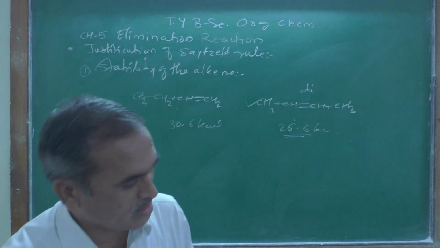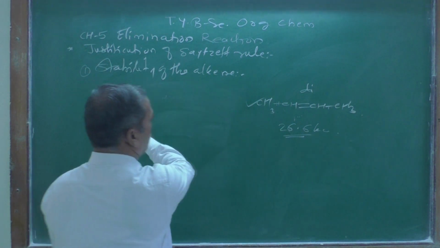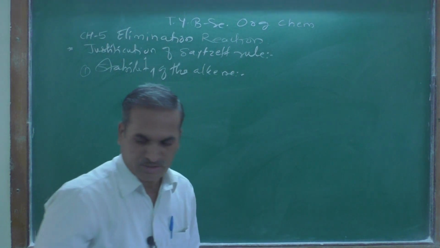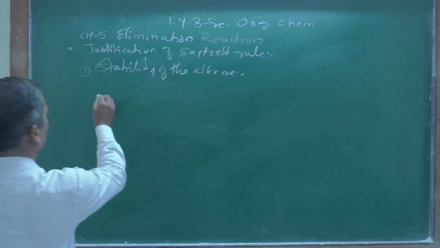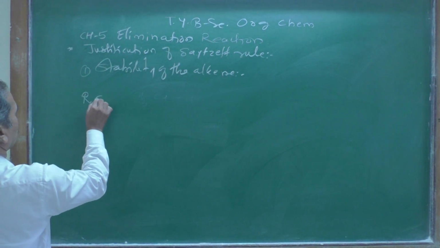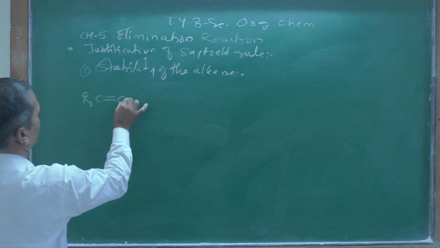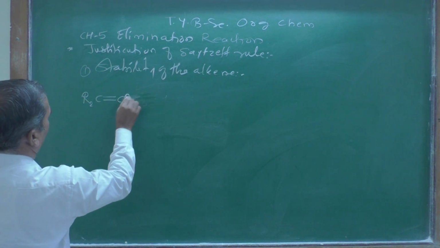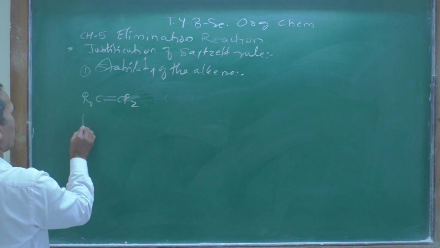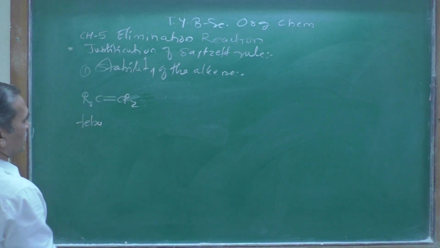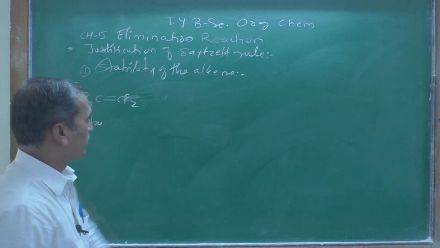Now let us look at a general reaction. Suppose we have R2C=CR2 here. What is this? This is a tetrasubstituted alkene. Remember, this is tetrasubstituted.